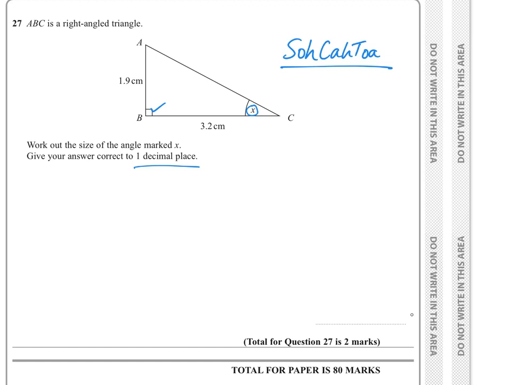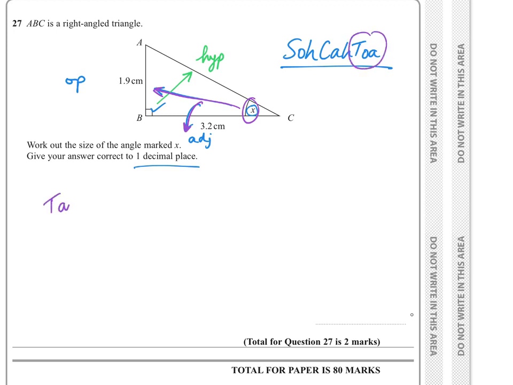Now, in this situation, if you look at the angle, the opposite side is 1.9 and the adjacent side is 3.2, and obviously the side opposite the right angle, always the longest side, would be the hypotenuse. So in this situation we have opposite and the adjacent, so we've got the tan.